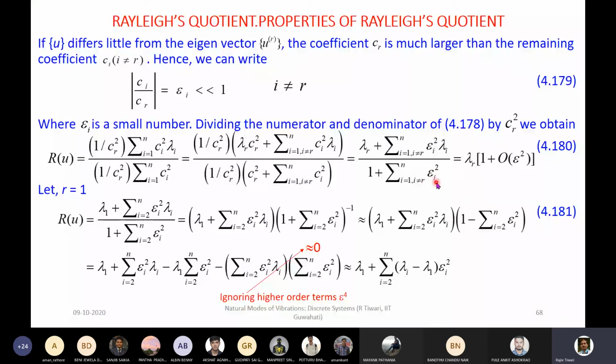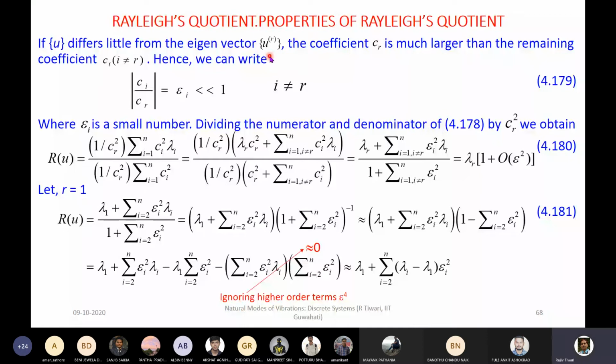Now, if you see, this is a small term because epsilon I is small, and the square of that will be further small, and this is also small. So if we ignore these two terms, then this ratio will become lambda r. So R(u) will be equal to lambda r when our u is very close to ur.